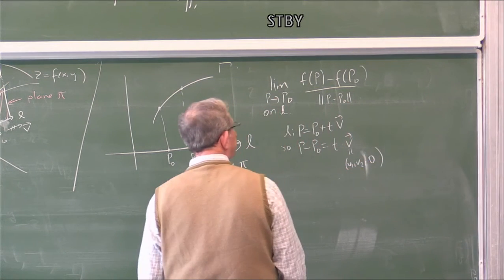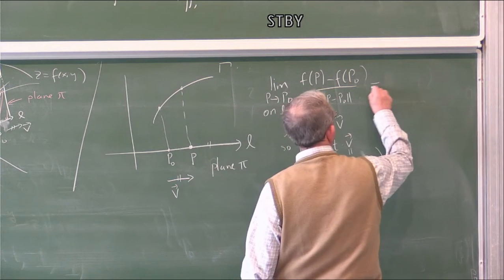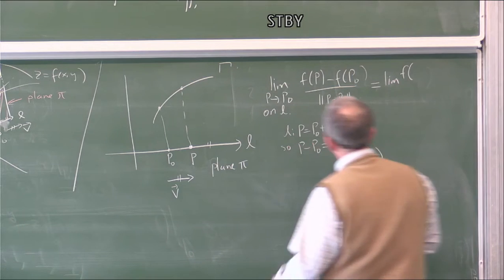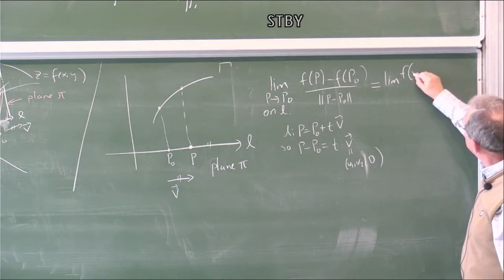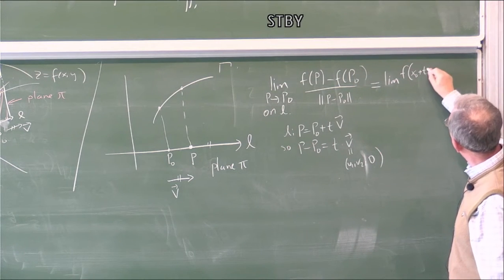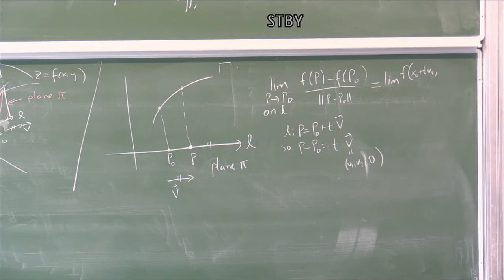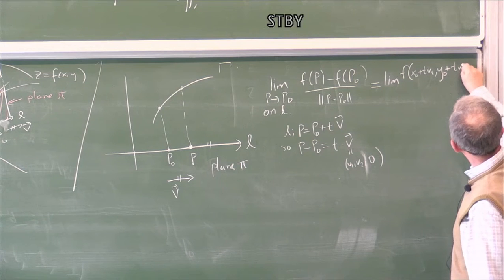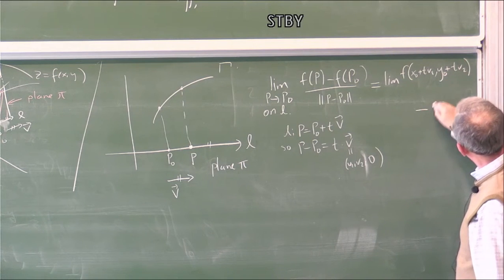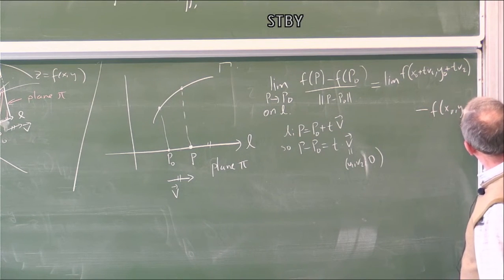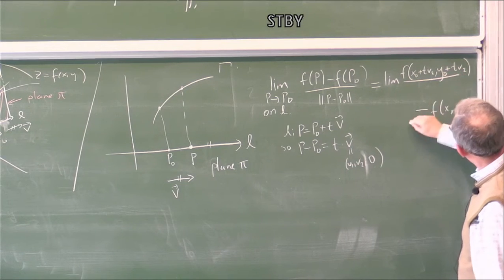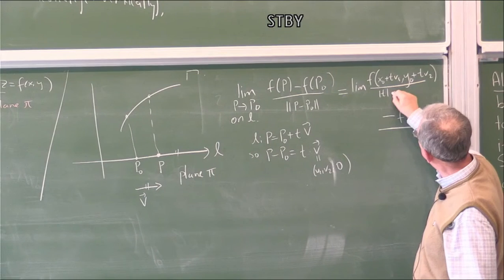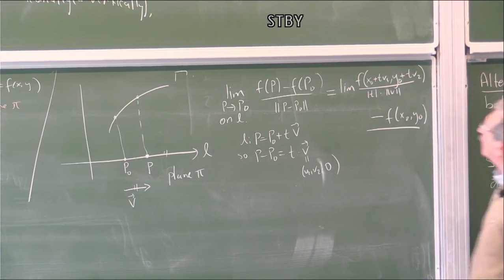So v is this vector. Anyway, this says that we are evaluating the limit of f of x0 plus tv1, y0 plus tv2, minus f of x0, y0, divided by the length, which is nothing but the absolute value of t times the norm of the vector v.